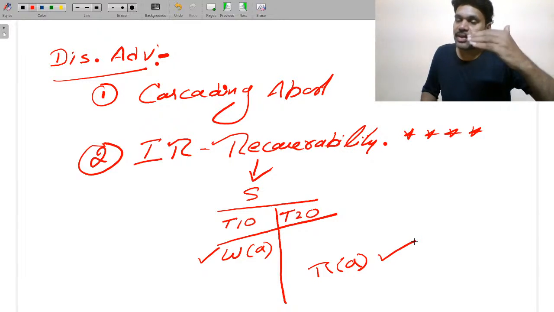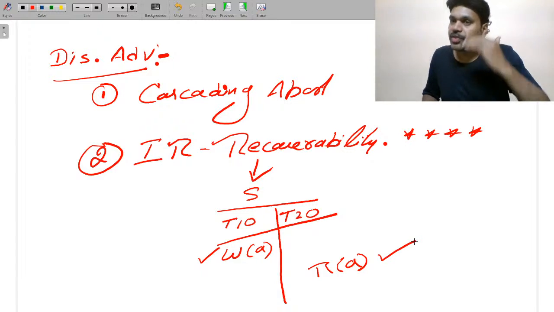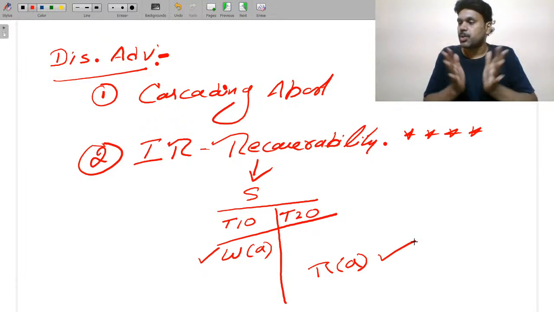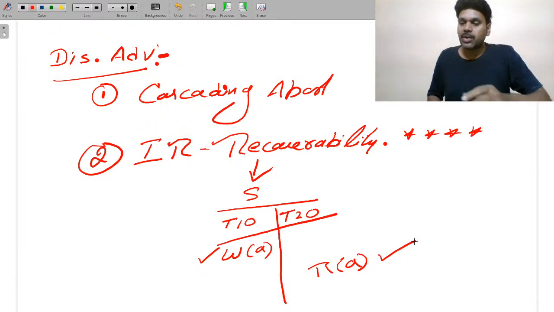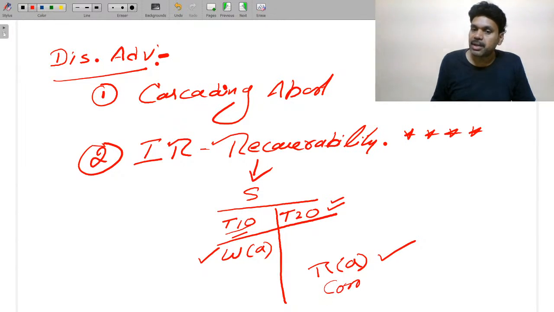Initially, T10 performs a write action and T20 also performs a read action. Both are allowed. The first one is T10, it's granted, and the second one is T20, it is also granted. But T20 issued commit. It is also possible.